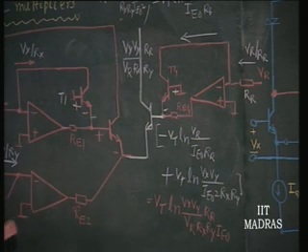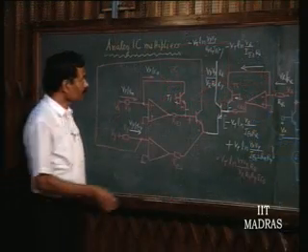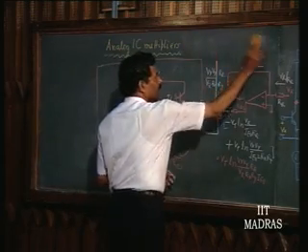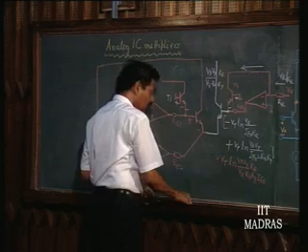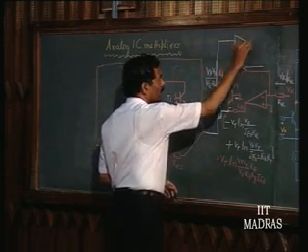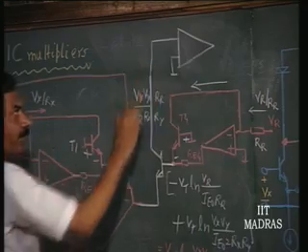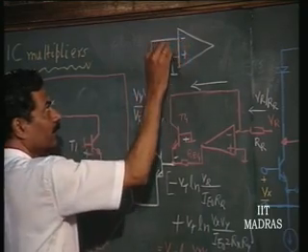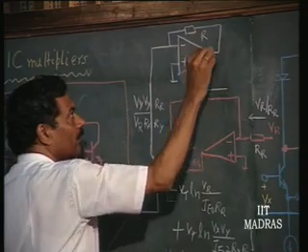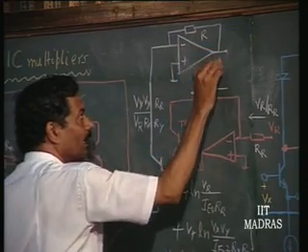So now you see how neatly this is working. This current can be made to go through another resistor of an op amp which is connected in similar fashion. This current will therefore be converted to a voltage. So what will be the output voltage now?